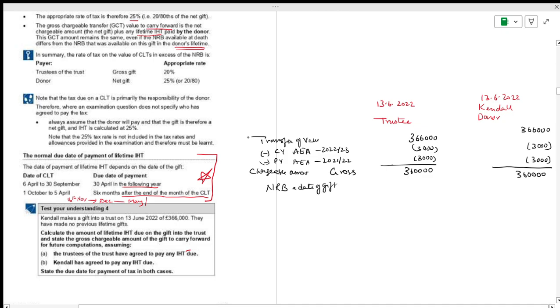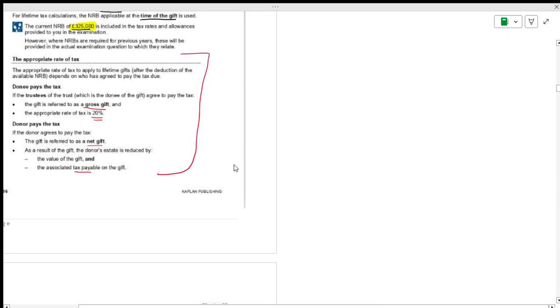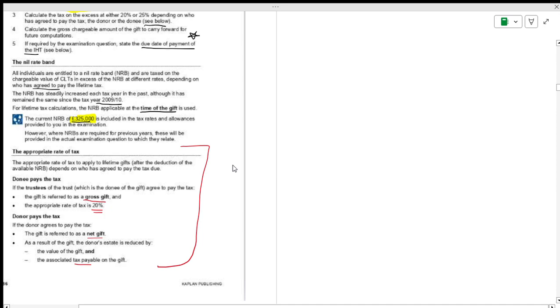How much is the nil rate band? What is the condition of nil rate band they have done? See the things. The current nil rate band is mentioned here very clearly. Again read. You have not read. That is the reason. Again read this one.